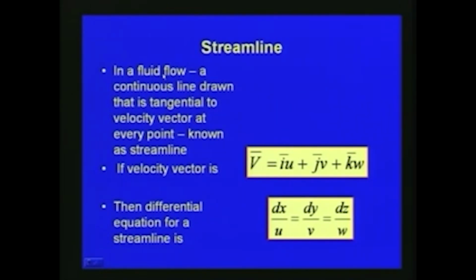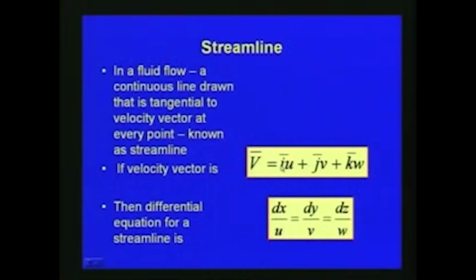So it is always advantageous if we can describe the fluid flow with respect to the streamline coordinate system. If a velocity vector is defined as v equal to unit vector i times u plus unit vector j times v plus unit vector k times w in 3 dimensions, then the differential equation for streamline we can define as dx by u is equal to dy by v is equal to dz by w.